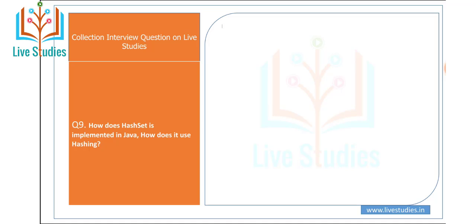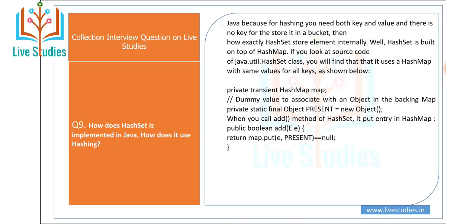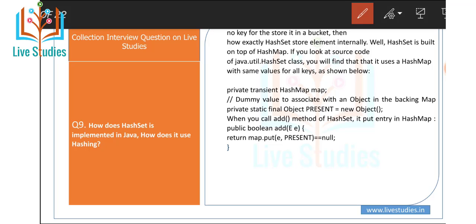Well, HashSet is built on top of HashMap. If you look at the source code of the java.util.HashSet class, you will find that it uses a HashMap with the same dummy value for all keys, like private transient HashMap map, and private static final Object PRESENT = new Object().